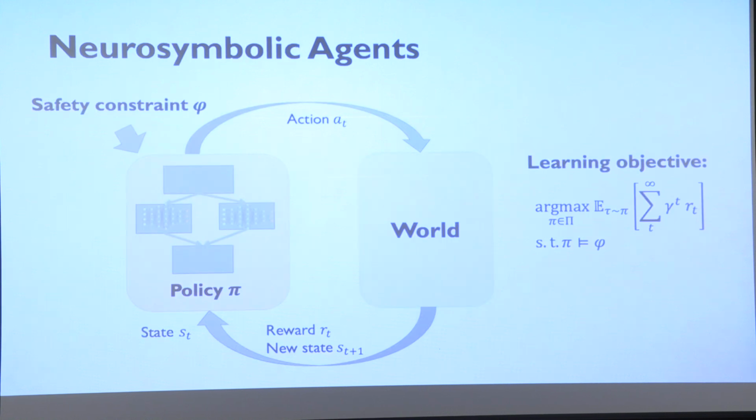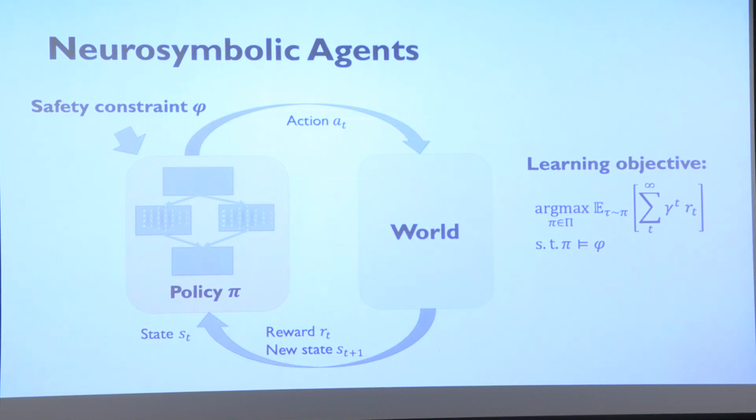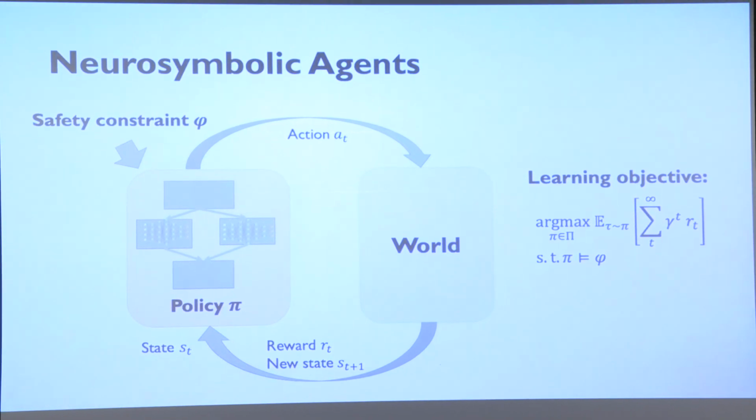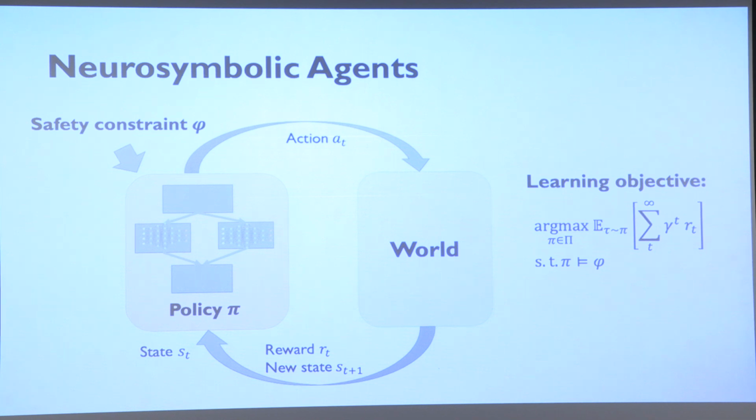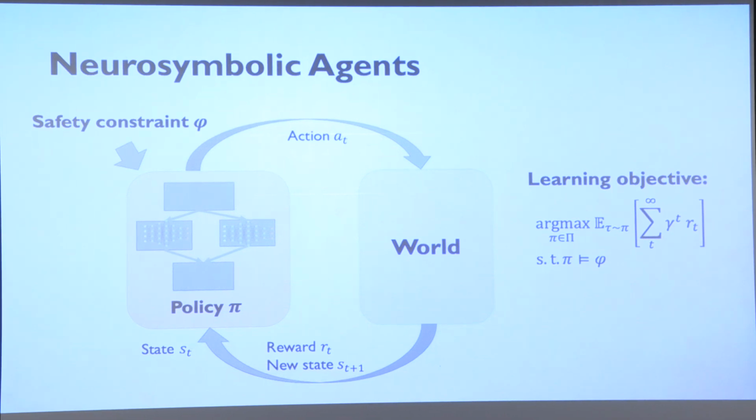Now, actually, we're not just going to talk about settings where the policy is just a neural network. We are actually going to think about these neuro symbolic agents where your policies are actually a mix of traditional symbolic code and also machine learning components, specifically neural nets.